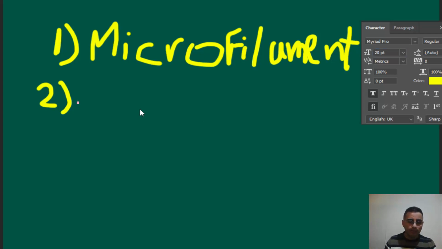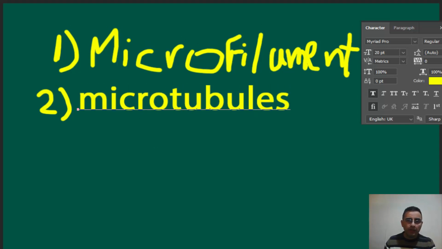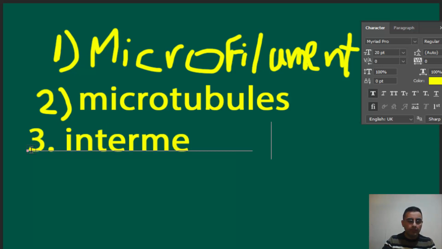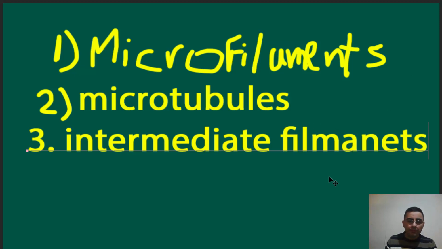And third one is intermediate filaments. So these three components are part of the cytoplasmic cytoskeleton.